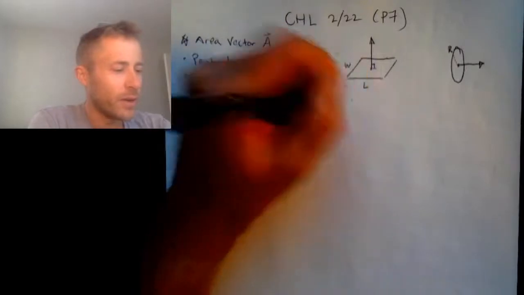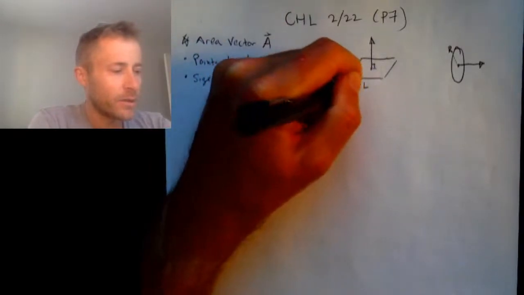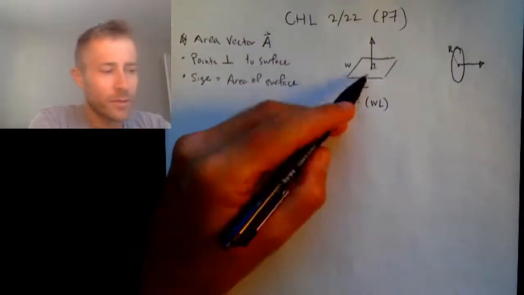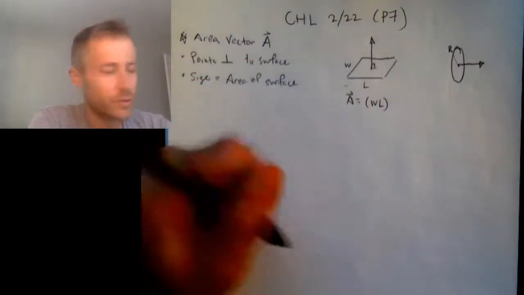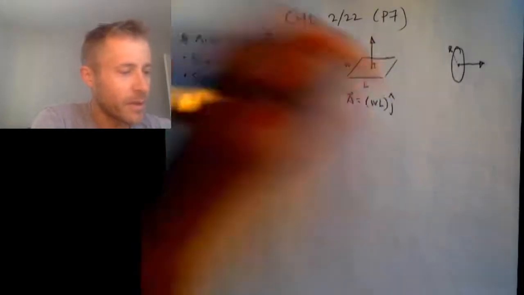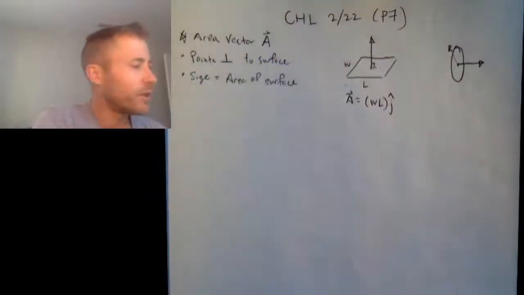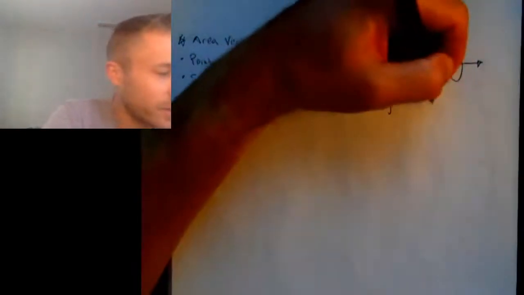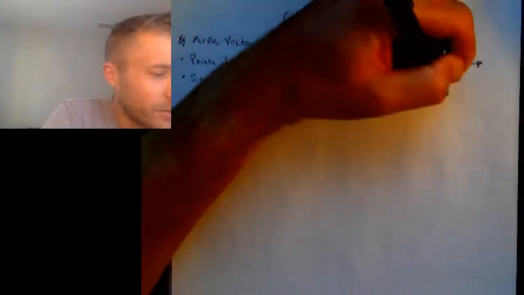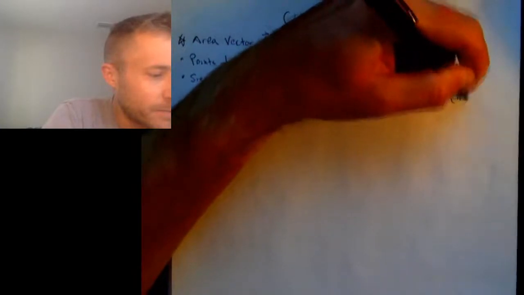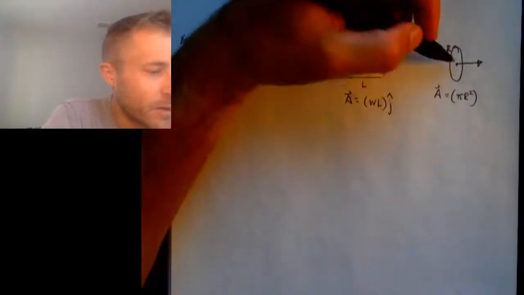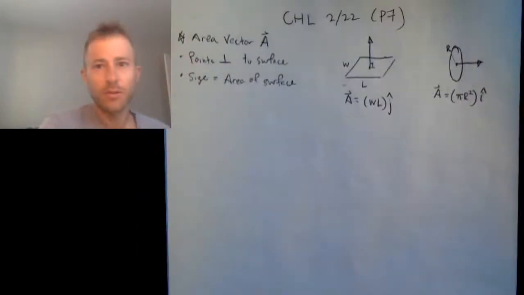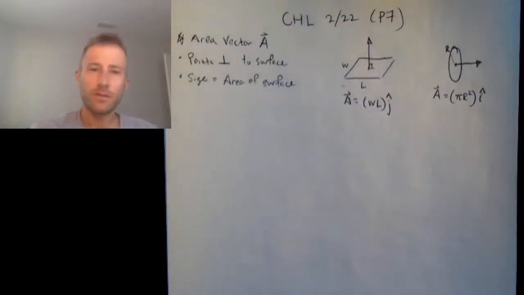So my area vector is going to be W times L times its direction vector, which is in the j direction. The size of the area of a disk is pi r squared, and it's pointed in the i hat direction. That would be the area vector for that disk.